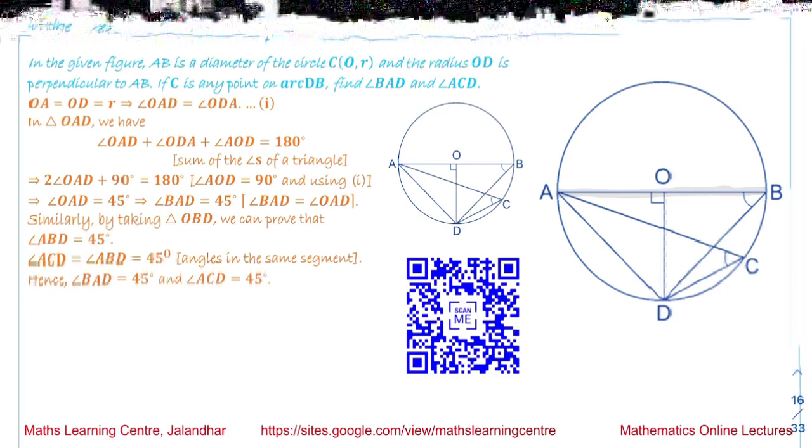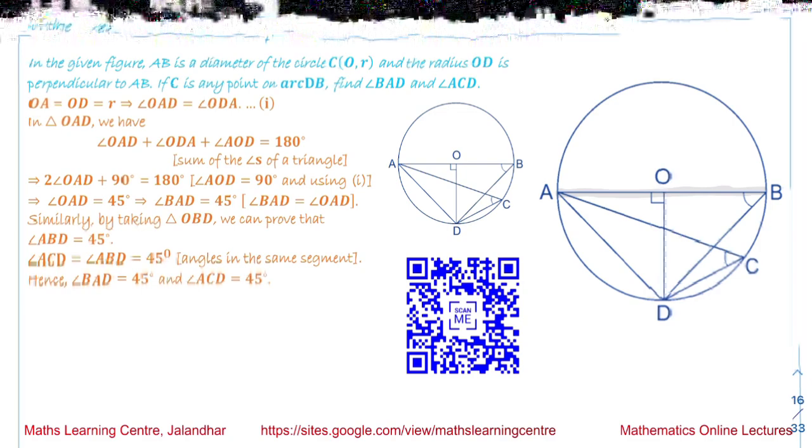Now look at the triangle BPC. In this triangle, AC is produced to P. Then this angle over here we have seen is 90 degrees, and this angle is 30 degrees.